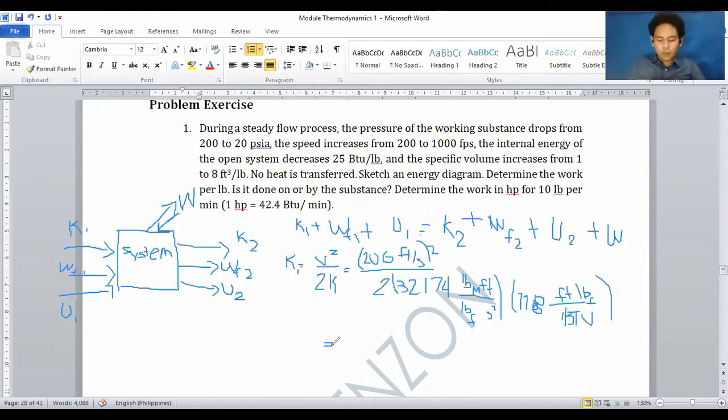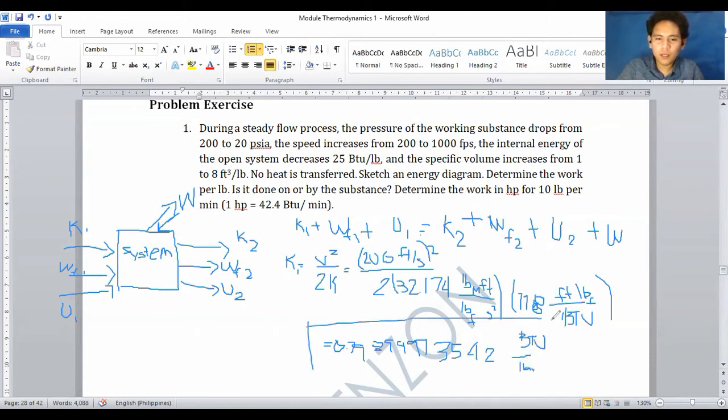Therefore, simplifying it, 200 squared over 2 times 32.174 times 778, we have 0.7989973542 BTU per pound mass. So that is your K1.